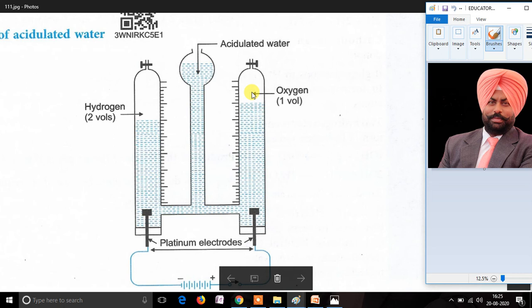The thing to remember here is the volume of hydrogen gas will be double to that of oxygen gas, because the water molecule itself contains two atoms of hydrogen and one atom of oxygen. Therefore, the hydrogen will have double of its amount than the oxygen gas.